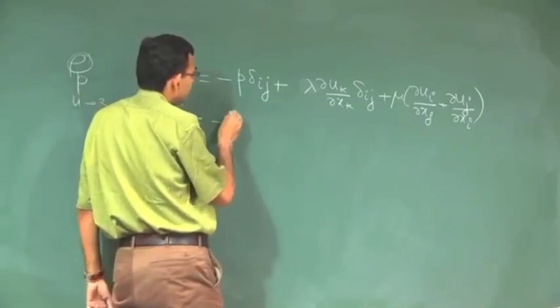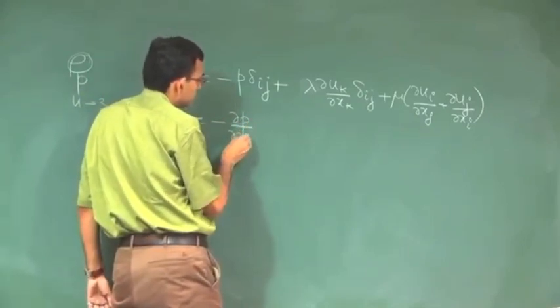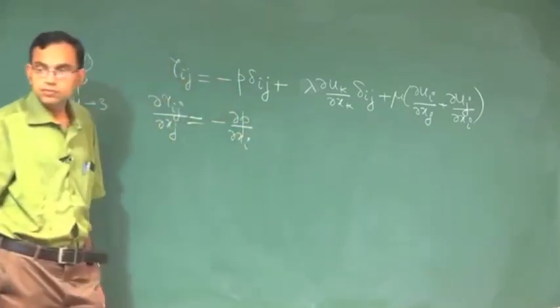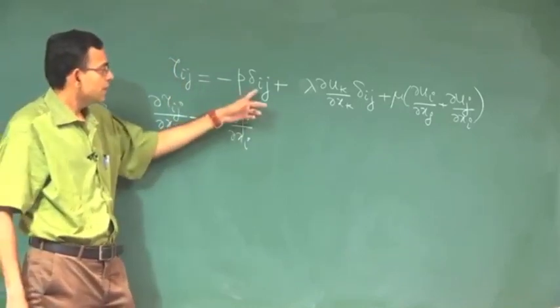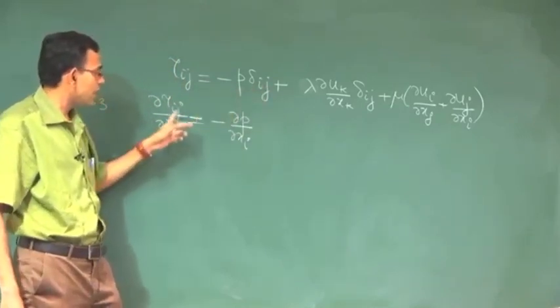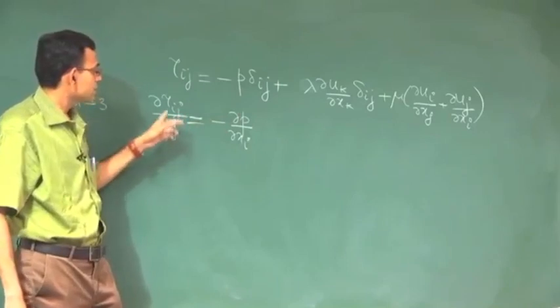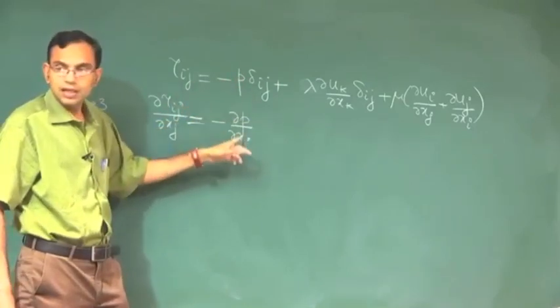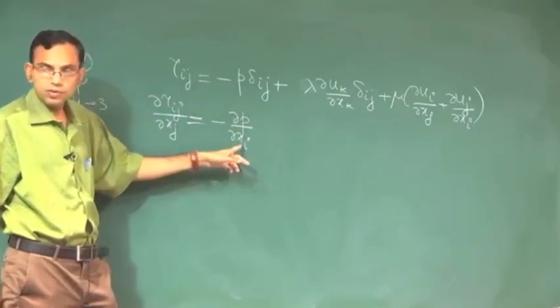So, this will become, the first term, delta ij is 1 if j is equal to i. So, this will become the xi derivative, okay.